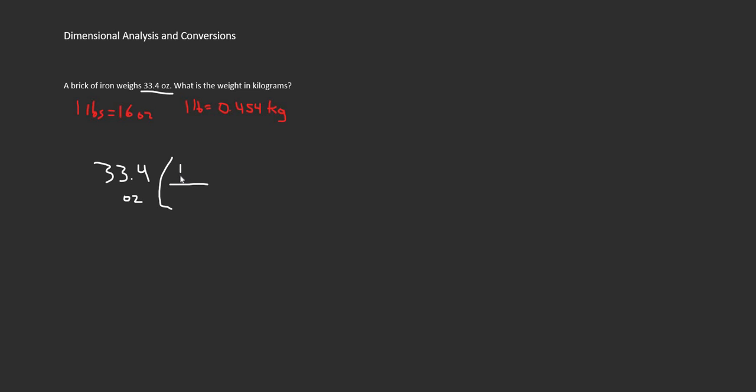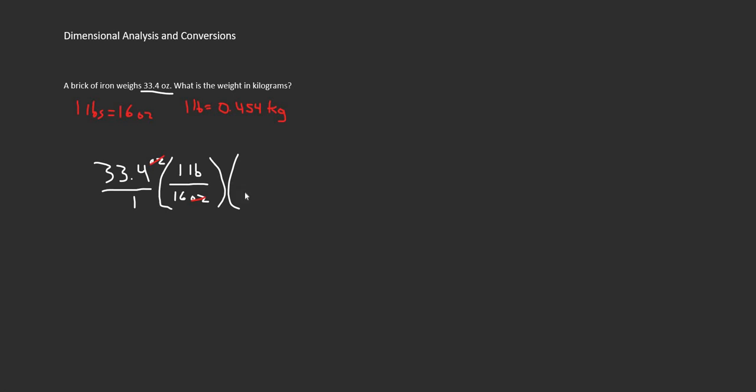So we'll have 1 pound up here is equal to 16 ounces. Remember, like I said, you can always put this over 1 if it makes more sense to do that. And so you'll notice that ounces cancel. So we no longer have to worry about ounces.